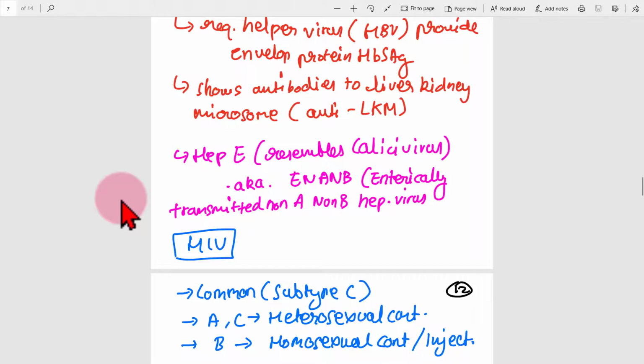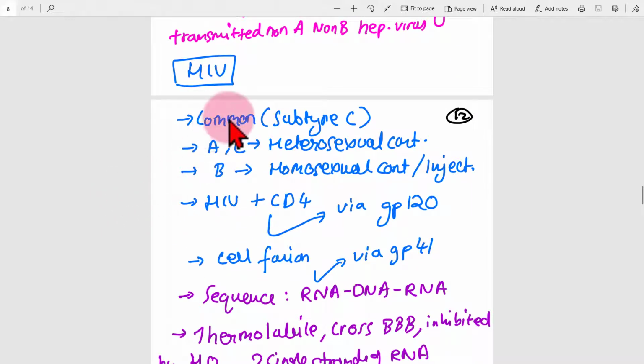Now moving ahead with HIV, very important. The common type is mostly subtype C. Talking about the subtypes, A and C are transmitted through the heterosexual route, whereas B is transmitted through the homosexual route and also through injectables. HIV binds to CD4 in the presence of GP120, and cell fusion is mediated by GP41.